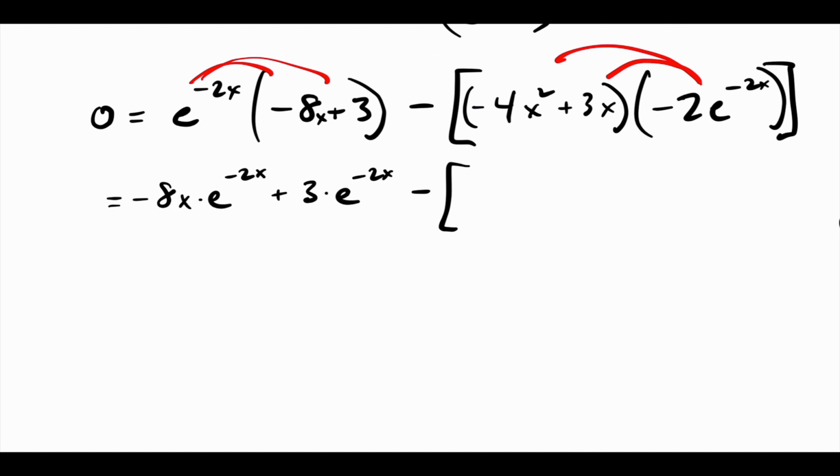And then I have to distribute on the inside of the brackets. So I'm going to multiply times negative 2. I get 8x squared times e to the negative 2x, and then negative 2 times positive 3 is negative 6x times e to the negative 2x.